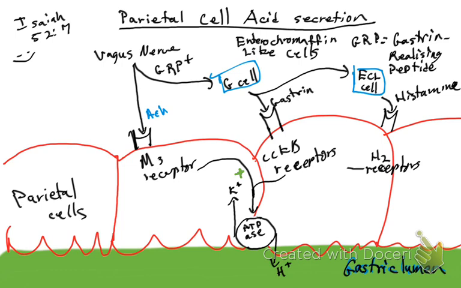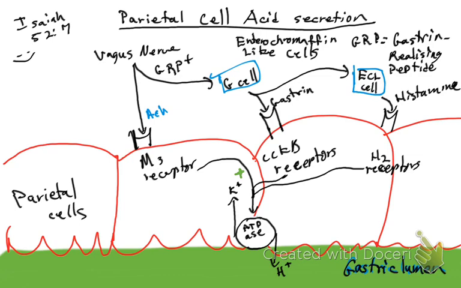Yes, it's going to stimulate your hydrogen potassium ATPase pump. Okay, and one more thing. So we have three things: M3 receptor, CCK receptor, H2 receptors. Each of those receptors receives something. M3 acetylcholine, CCK gastrin, and H2 receptor histamine.